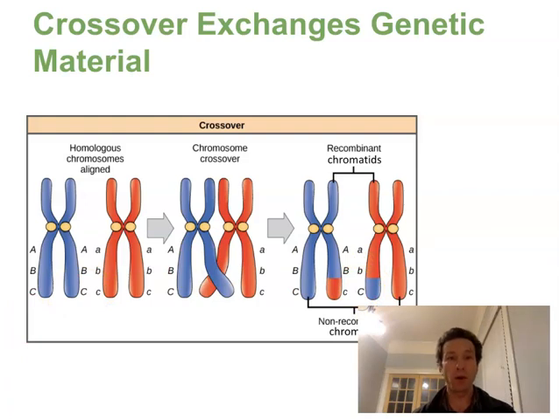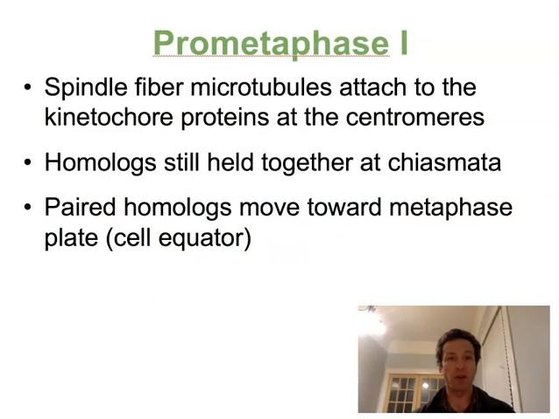So pairing of homologs and crossing over are the events that make prophase I in meiosis very different than prophase II in meiosis, and also very different than mitosis. What we'll see next seems a little bit more similar.